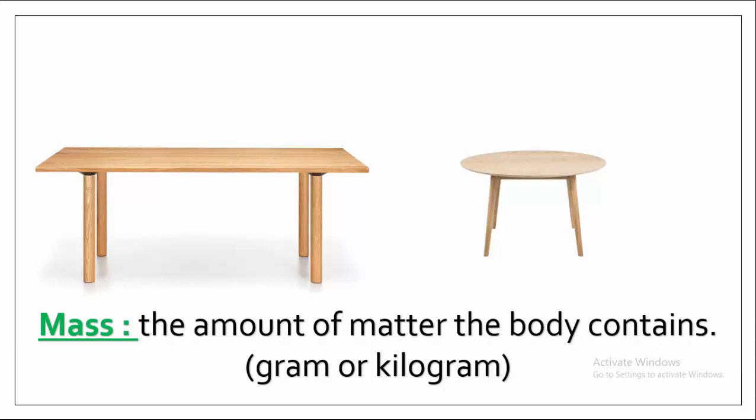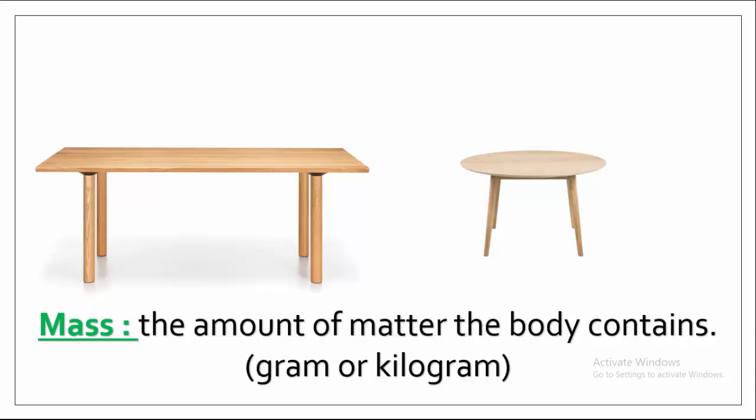This matter could be wood, plastic, iron, paper, whatever. So the amount of matter the body contains is the mass of this object. So we said that the amount of wood that the large table contains is larger.